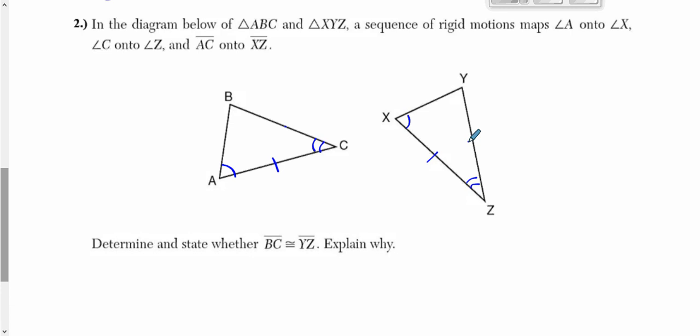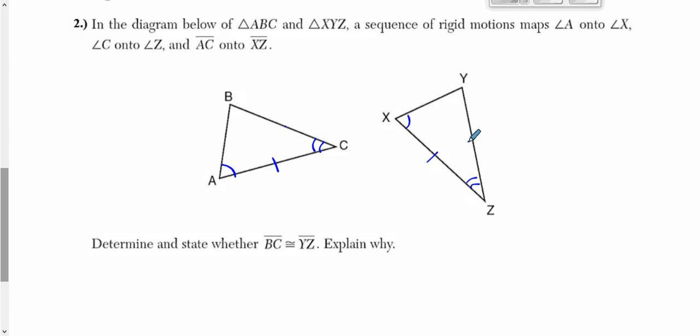Now, let's start with the first part. Would the triangles be congruent? Yes, by angle, side, angle. Okay, so the triangles are congruent.